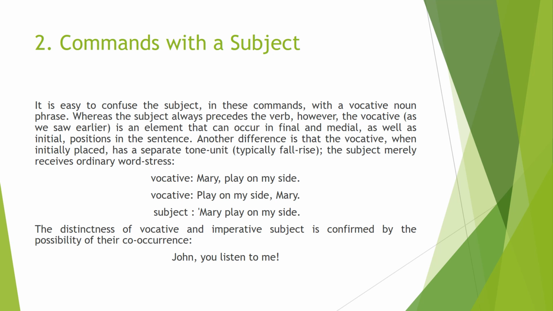Then we stop for a short bit to indicate that this is the place of the comma in writing, and then we say our sentence. Or we can say it in this way: play on my side, Mary. So you see here, Mary is a vocative because we are able now to change its place from the beginning to the end of the sentence.